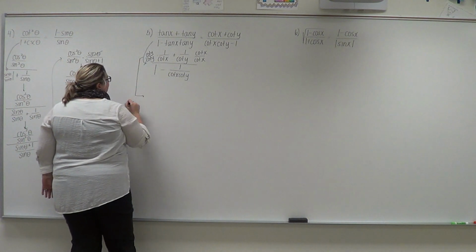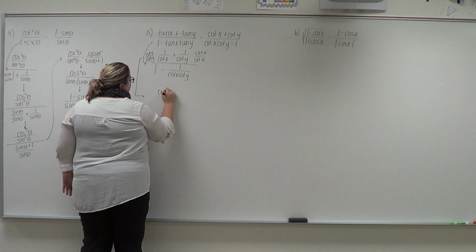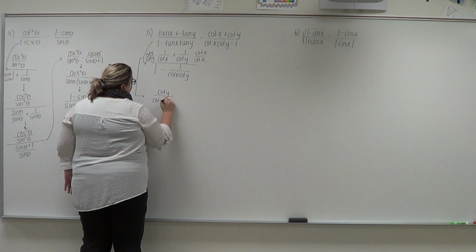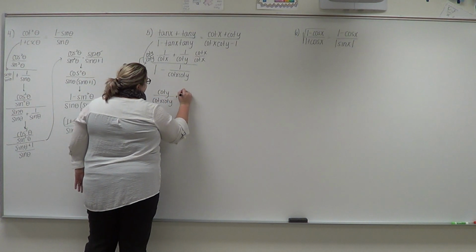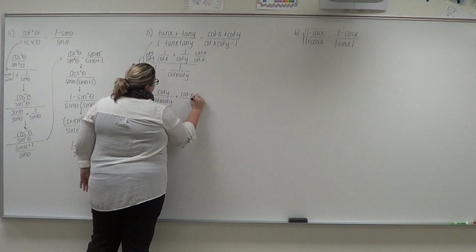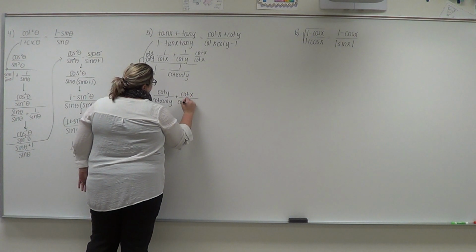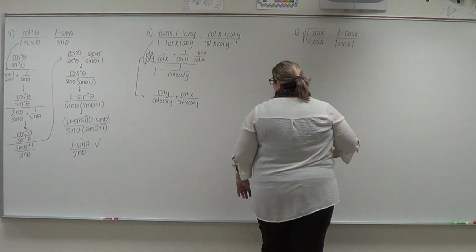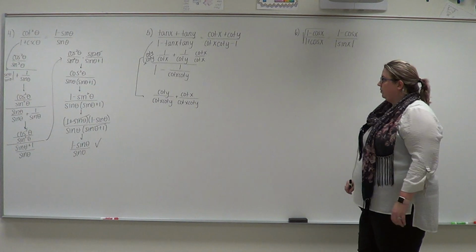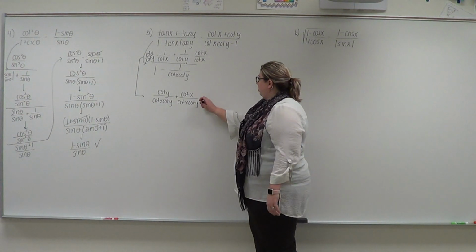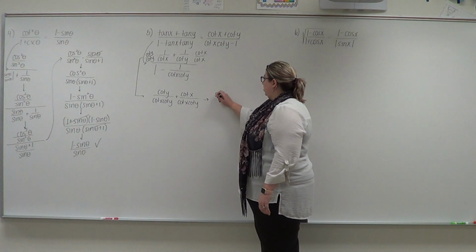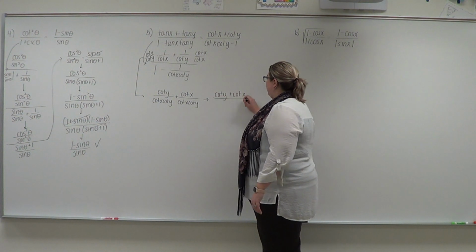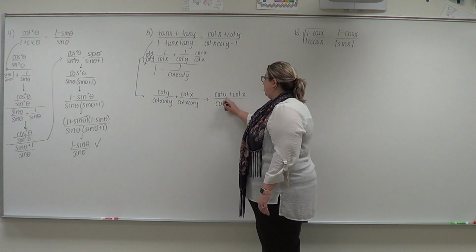So that's going to become cotangent y over cotangent x, cotangent y, plus cotangent x over cotangent x, cotangent y. Okay, well then in turn you can make that one fraction.